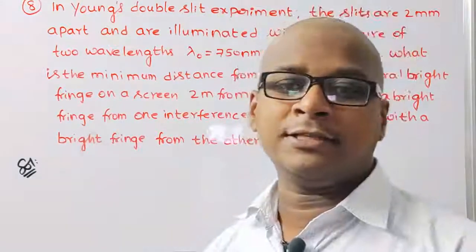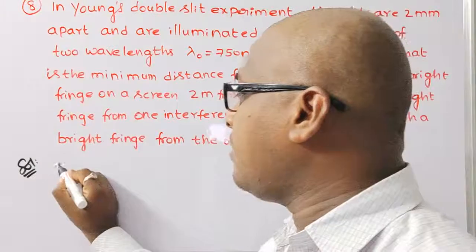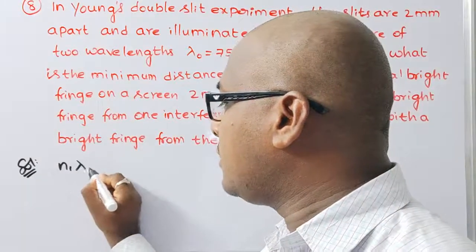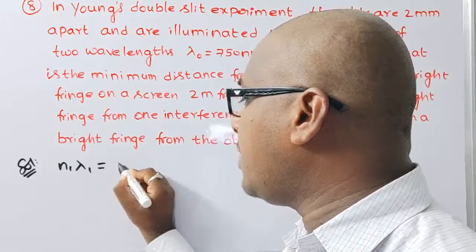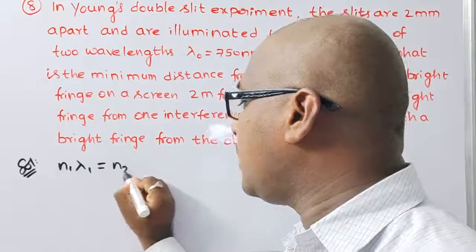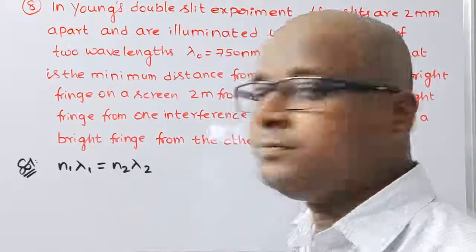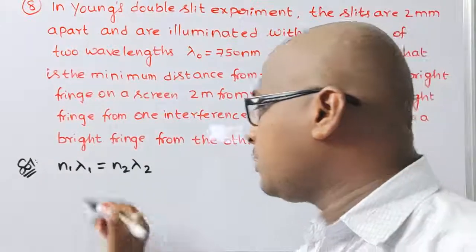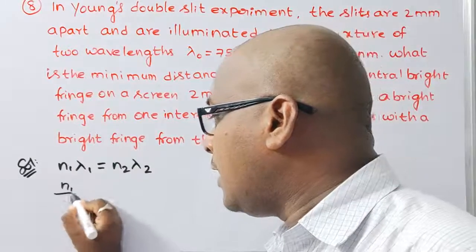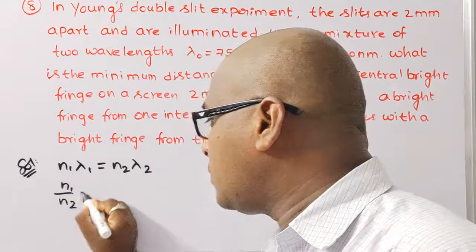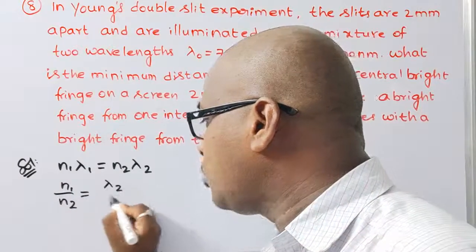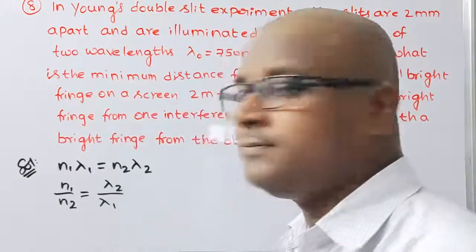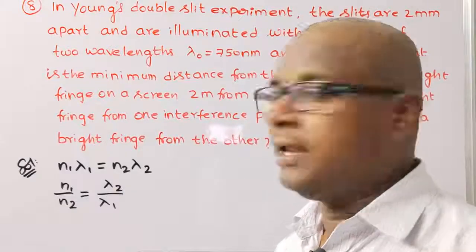According to this question, the formula is n1 lambda 1 is equal to n2 lambda 2. So n1 by n2 is equal to lambda 2 by lambda 1.